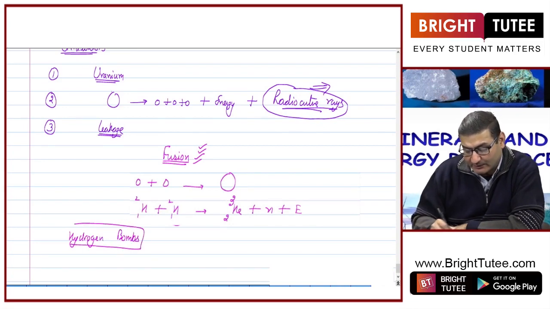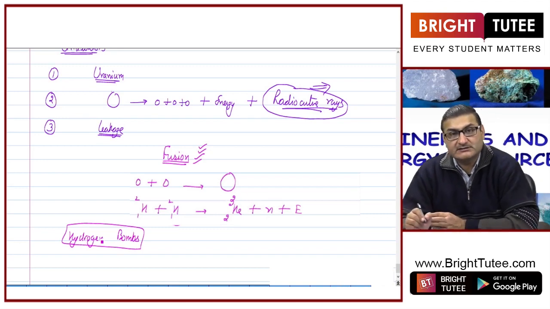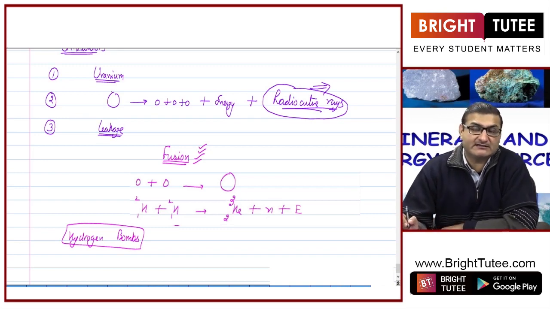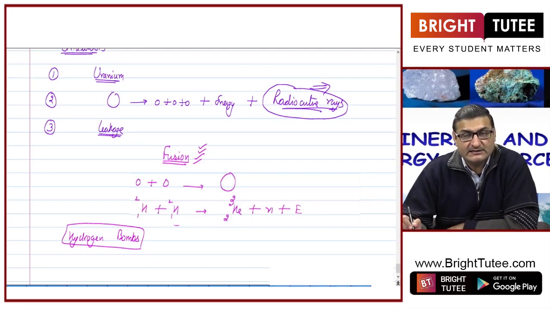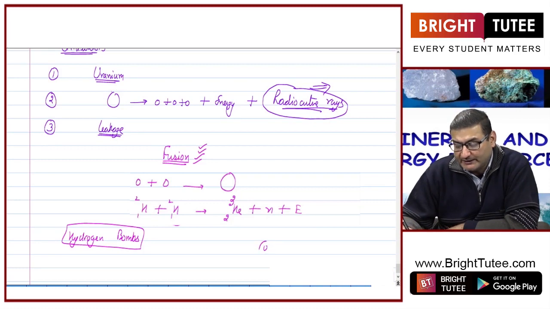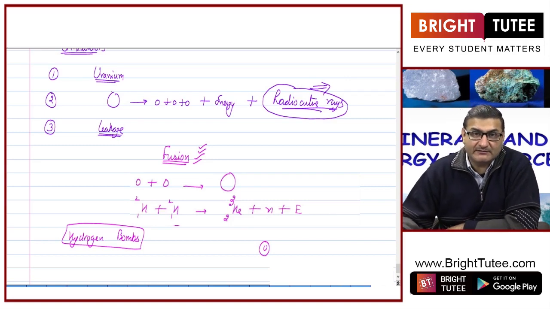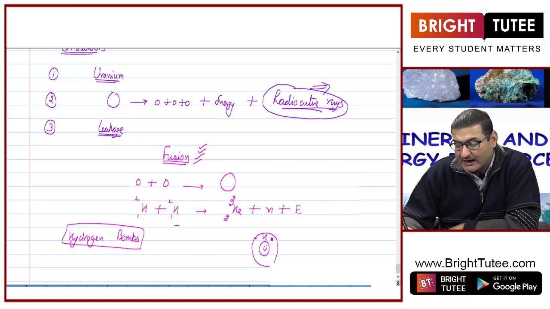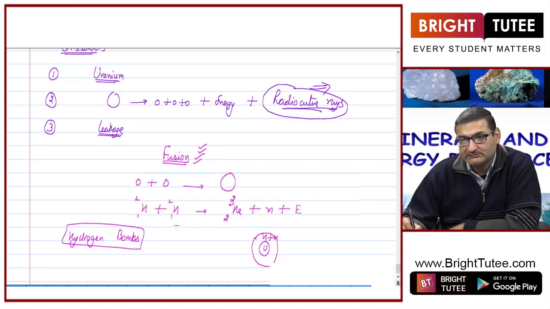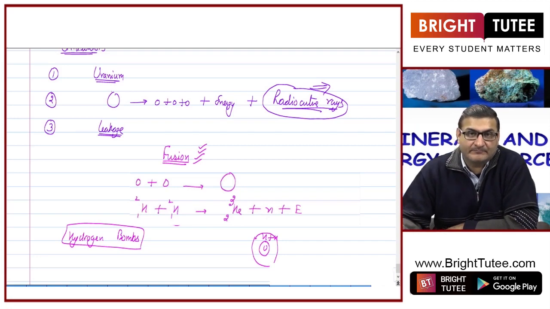Now these hydrogen bombs are considered to be far more destructive as compared to the atom bombs, because the idea behind this is, first of all, we will do the nuclear fission of uranium or any other radioactive material in the core, because of which so much temperature will be produced, which will cause the surrounding hydrogen to get converted into helium, thus causing a fusion reaction.